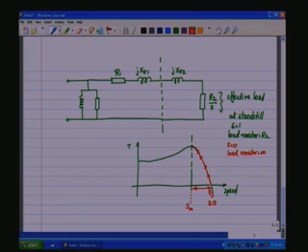Now as S starts increasing, this is S is equal to 1. So as S starts increasing somewhere here, the effective load resistor, which is equal to R2 by S, starts coming down, and therefore it can draw more current, and I square R goes to the load.